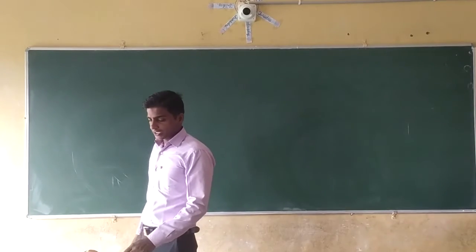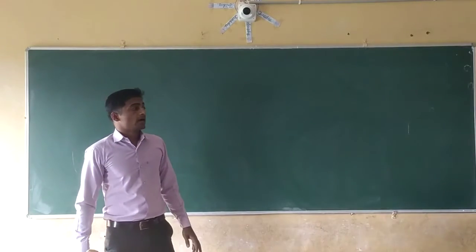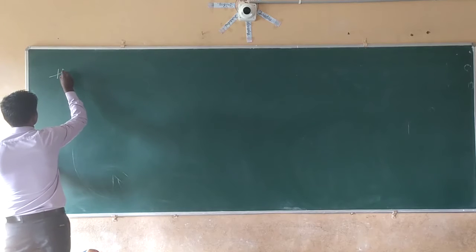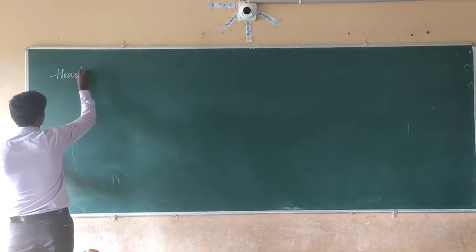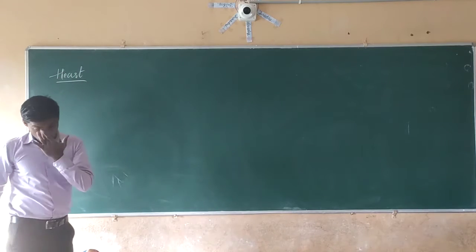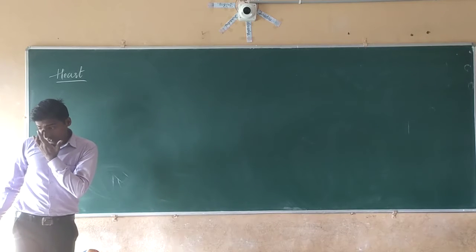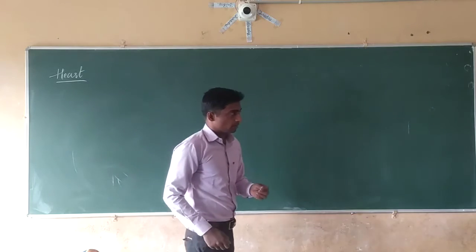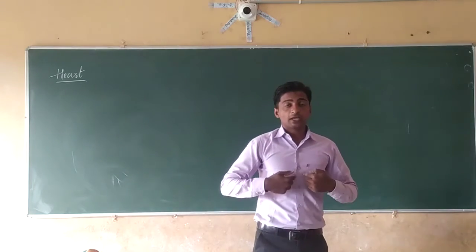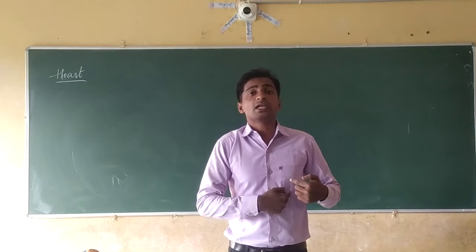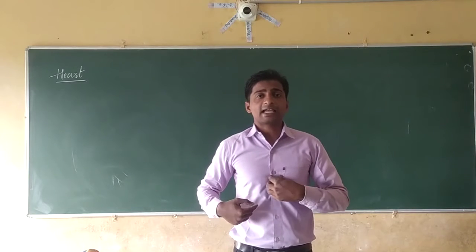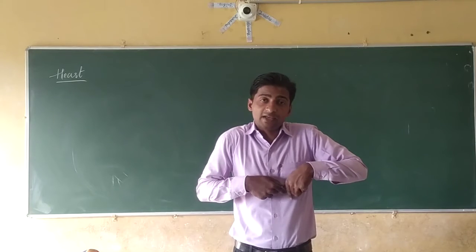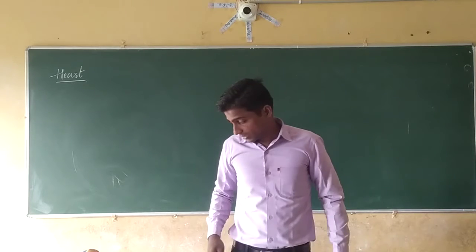Now we are going to study the third main component, that is the heart. Heart is a muscular organ present in the thoracic cavity in between the two lungs, exactly at the center, and its lower end is deviated towards the left side.